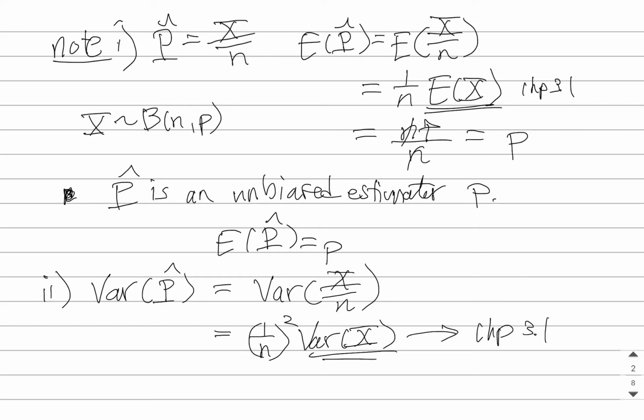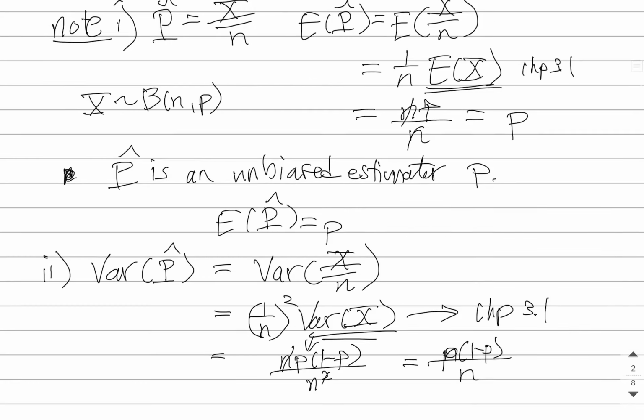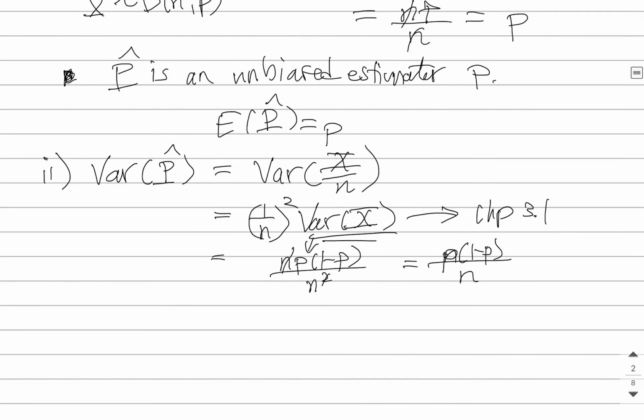From chapter 3.1, for a binomial variable, the variance was np(1 minus p), and because of this scaling up front, we will end up with p(1 minus p) all over n. So we can figure out the variance of this estimator: p(1 minus p) over n.